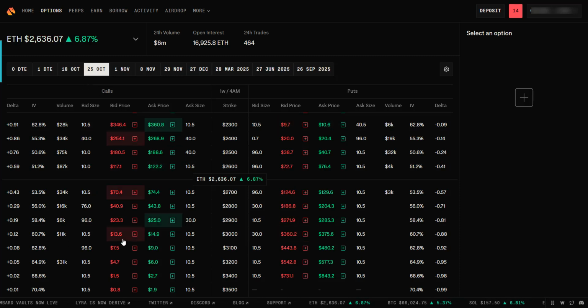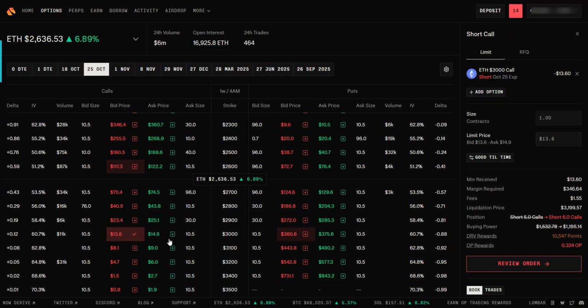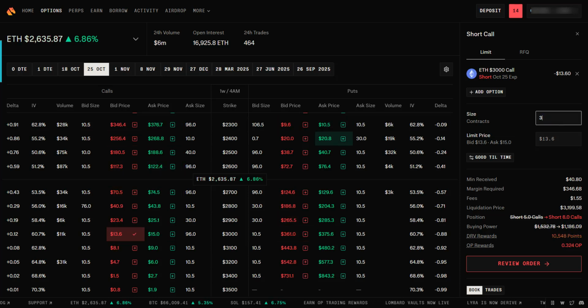We got a 12. So we got to get 35, and if we were to click on that, we currently have $1,100 in buying power. If we sold 3, we could possibly sell 4. Look, if we sold 4 at a 12 delta, $3,000 is where it's got to go.